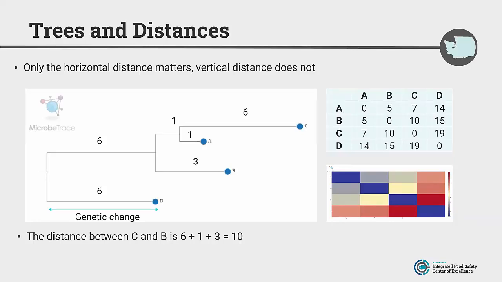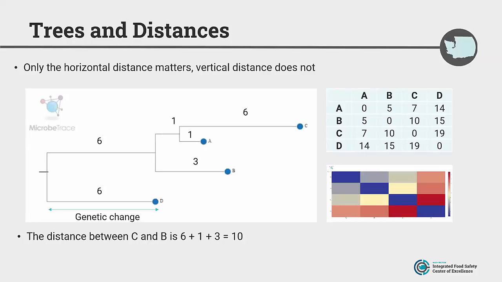So those are the blue. And then the dark red indicates the furthest distance from each other. So you can see that down in the bottom right, we have dark red, and those correspond to the 19s in our distance matrix. So this is just a visual representation of the distance matrix.